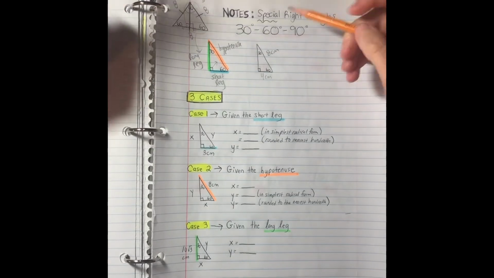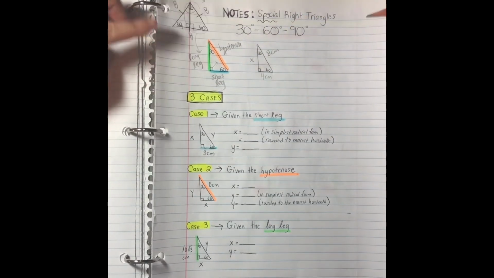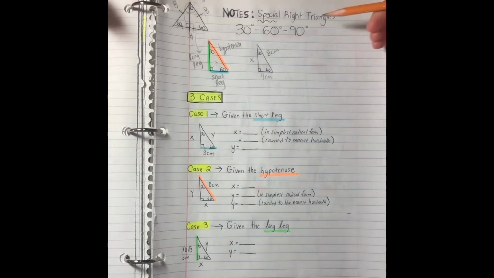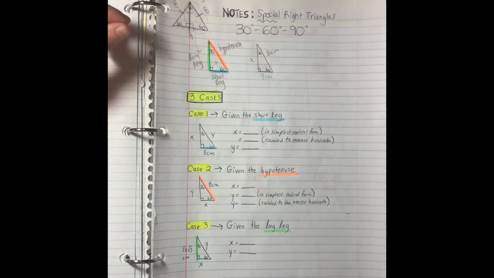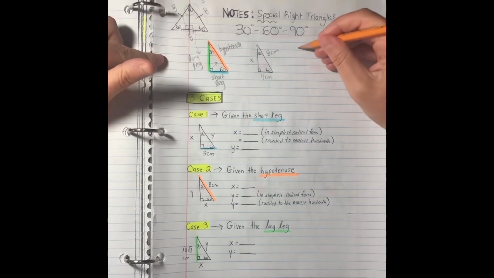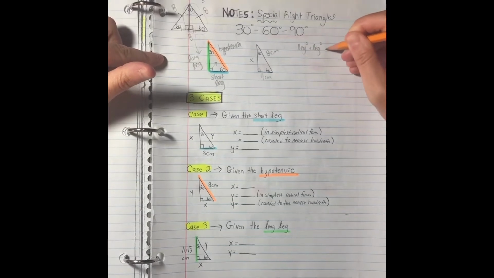Okay, and you know what, let's actually derive this and figure out what this third side would be here. Using the Pythagorean theorem we can solve for that third side, right? We know the leg squared plus the leg squared equals the hypotenuse squared. So I'm just going to write my formula up here. Leg squared plus leg squared is equal to the hypotenuse squared.